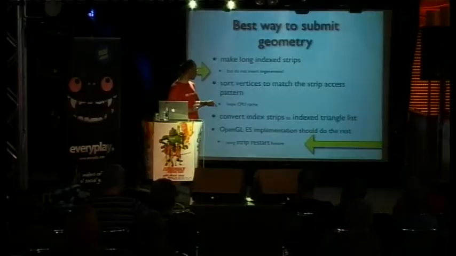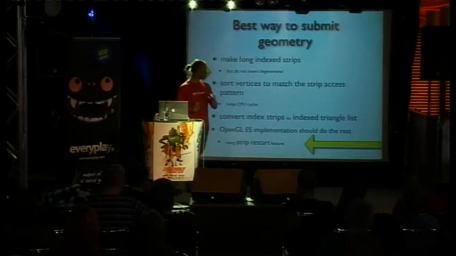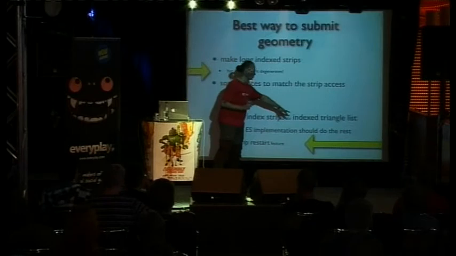And that's a really interesting point. If you issue a glDrawElements command and say, render me a triangle list, and you look at the command buffer, you see that it still renders strips, not a triangle list. The driver is smart enough to analyze how the indices are laid out in the triangle list.